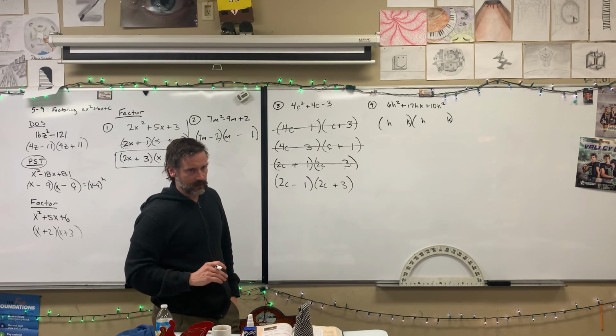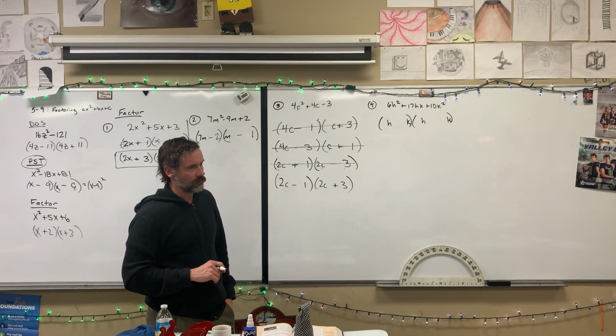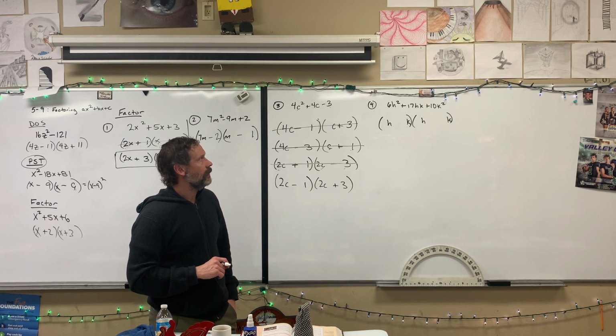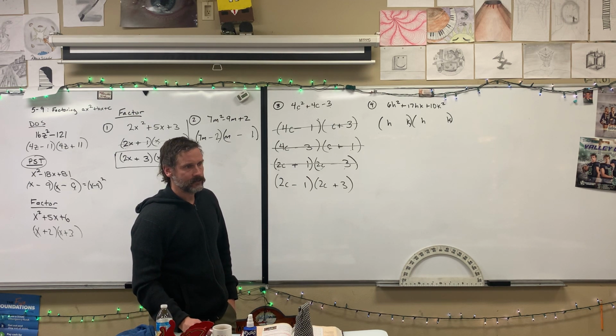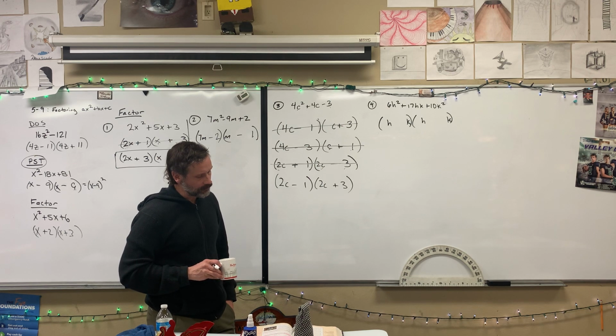And again, if you're not sure about the mental trial and error, you can just start plugging in numbers. Start with a 6 and a 1, and a 10 and a 1, or 6 and a 1, and a 5 and a 2. This one is not prime. Okay, not prime.